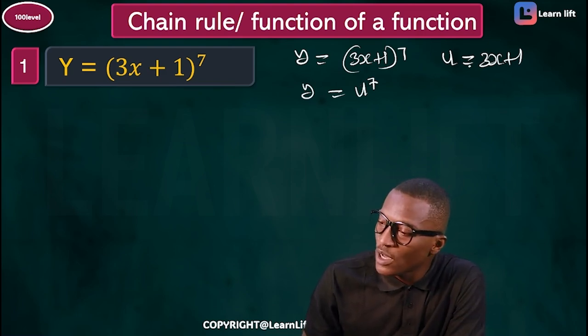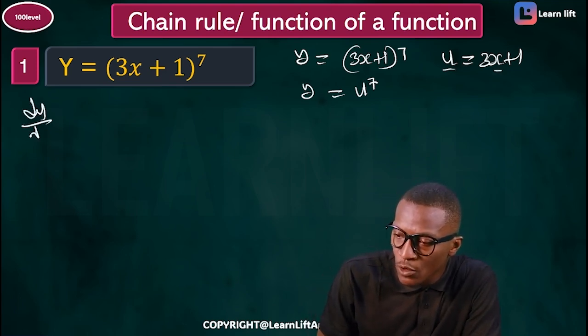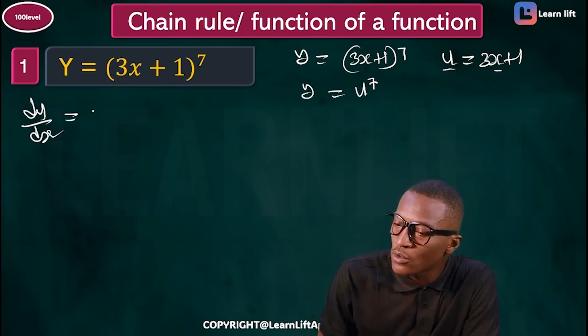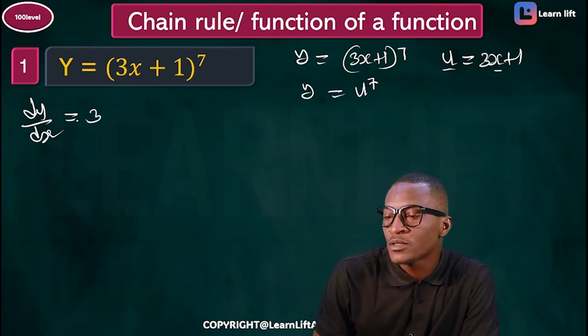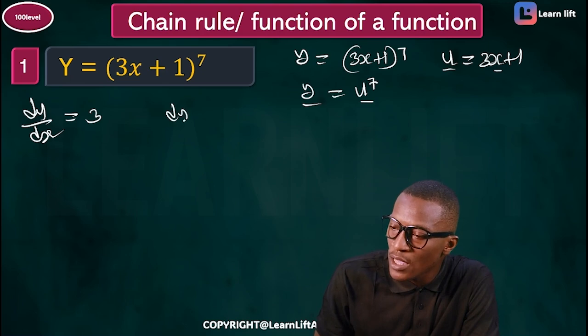Now, the question: I'm going to find du over dx. So du over dx will be equal to 3. Now I'll find dy over du. dy over du is equal to 7u raised to power 6.